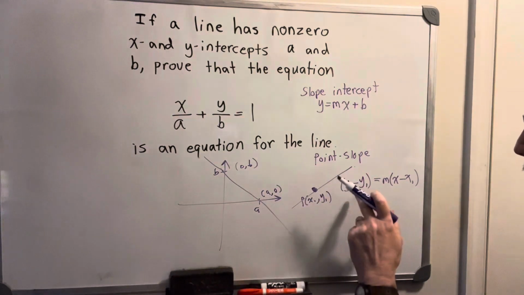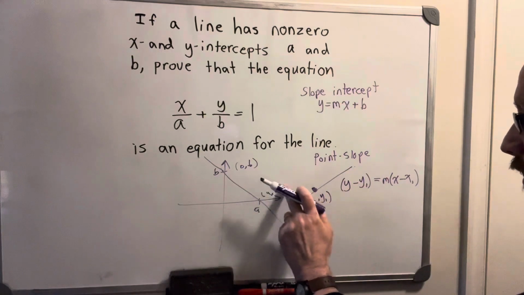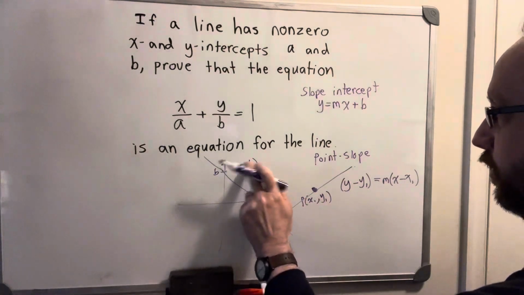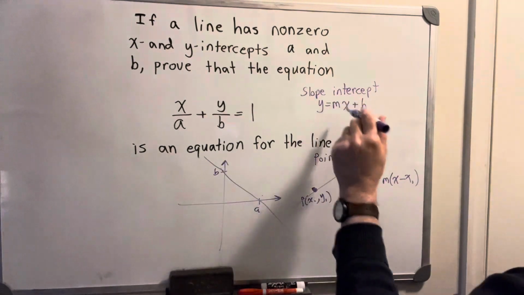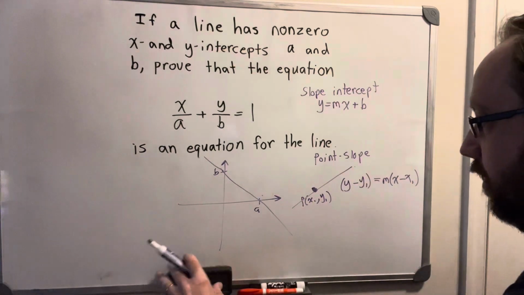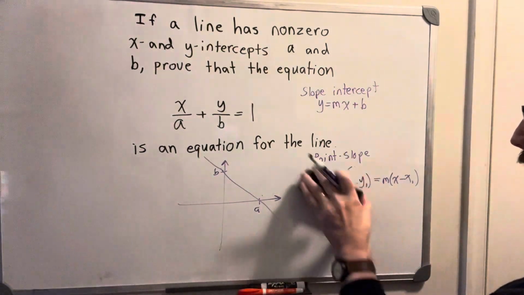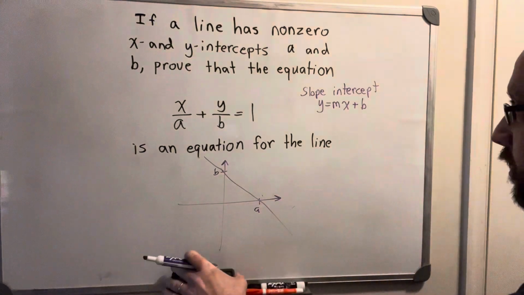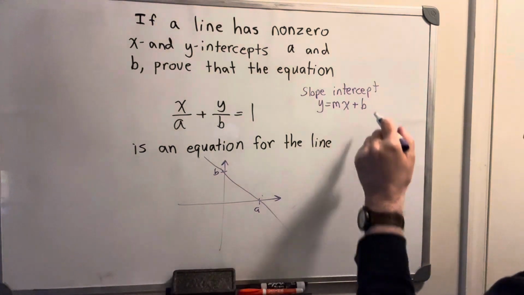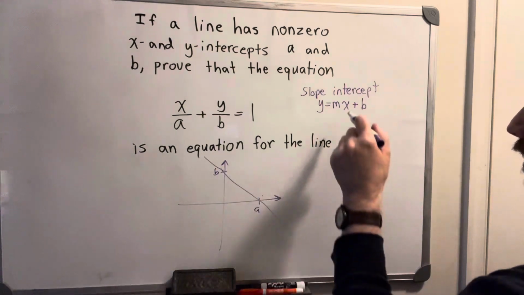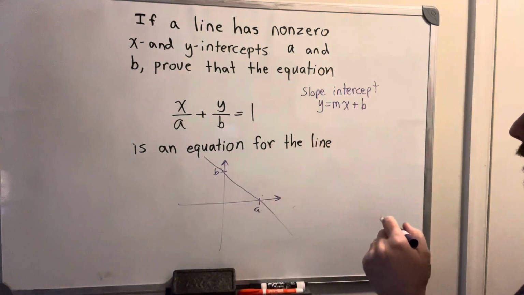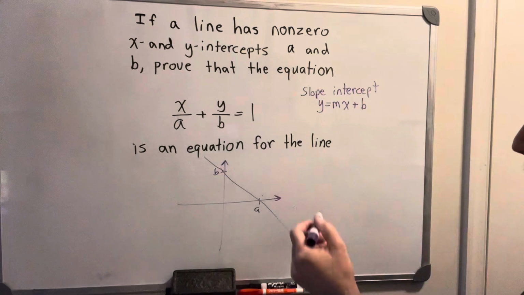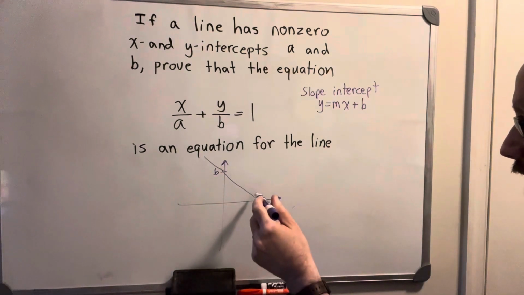You could try using this, but I'm going to start with the slope intercept. But what's the problem so far? What do I lack before jumping in and using this? Do I have b? Yes. Do I have m, the slope? Not exactly, but I have all the information I need to get it.